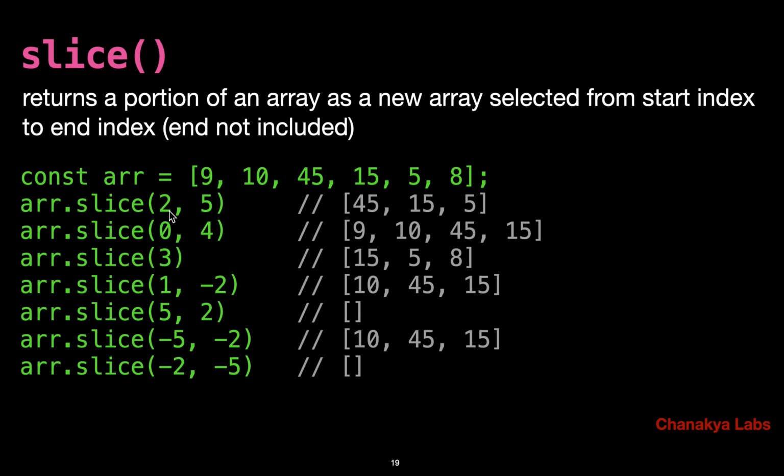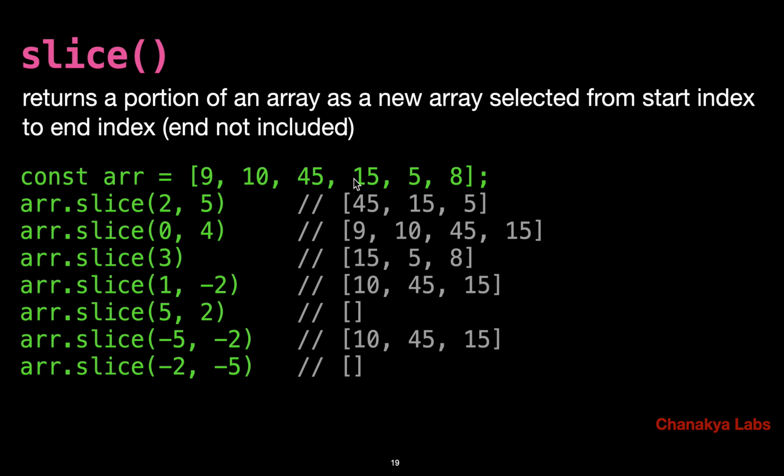So if it says 2 to 5, it will mean from 2 to 5 minus 1 index. Think of it as just before that index, because we'll see later that negative indexes can also be there. We'll come back to that. 2 to 5 means 0 1 2, it will start from here and go till index 4, not index 5.